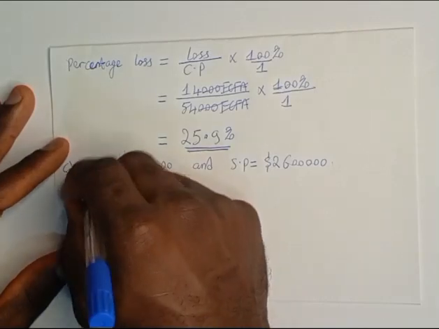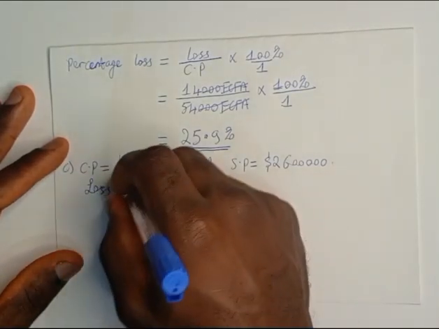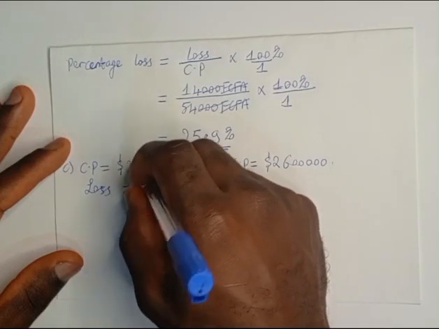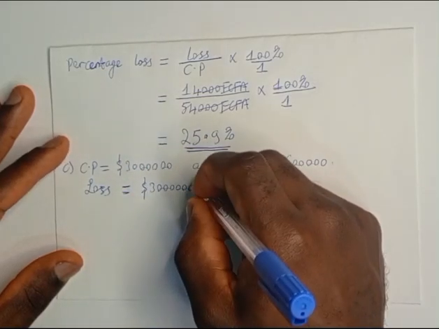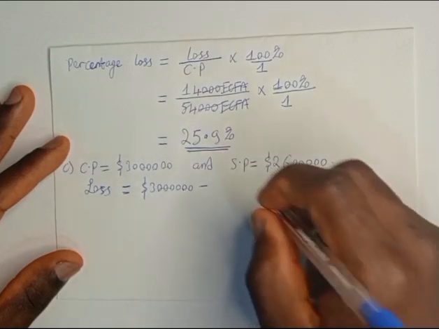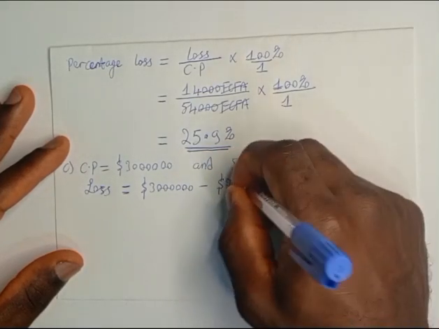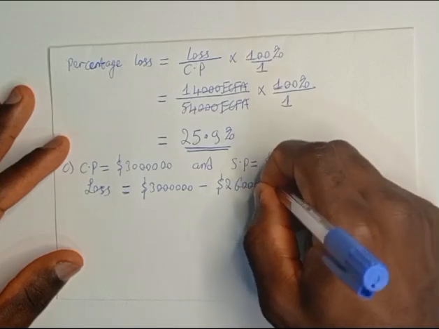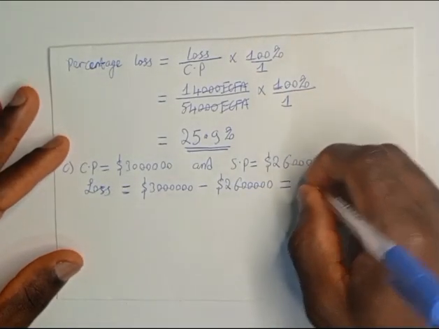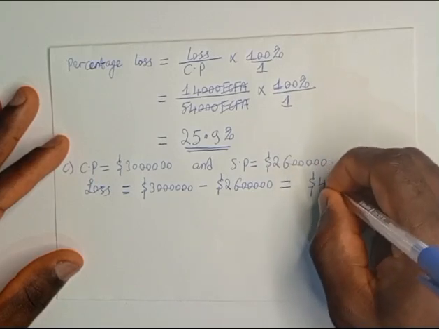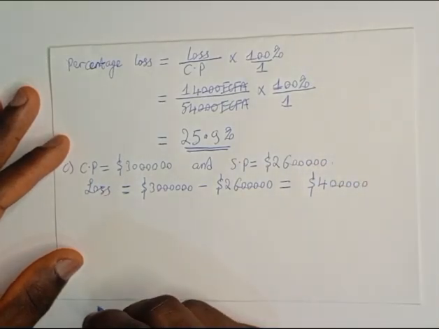That means a loss was made. The loss will simply be equal to the cost price, which is $3 million, minus the selling price, which is $2,600,000, and this will simply be equal to $400,000. So this is the loss made.